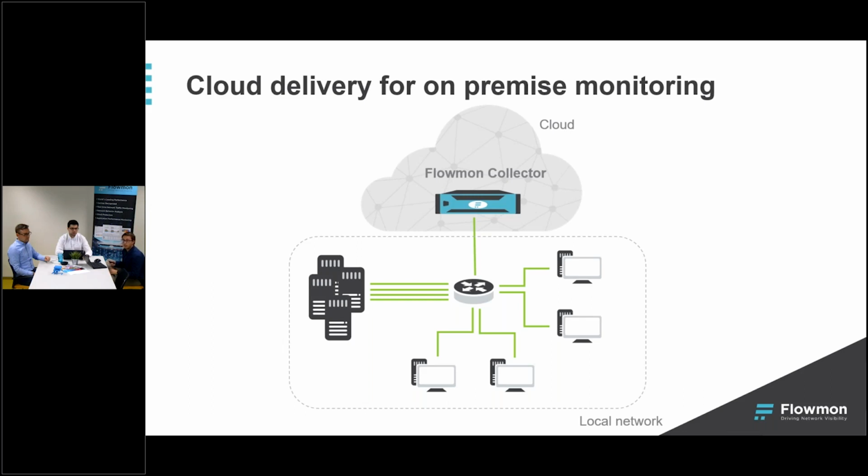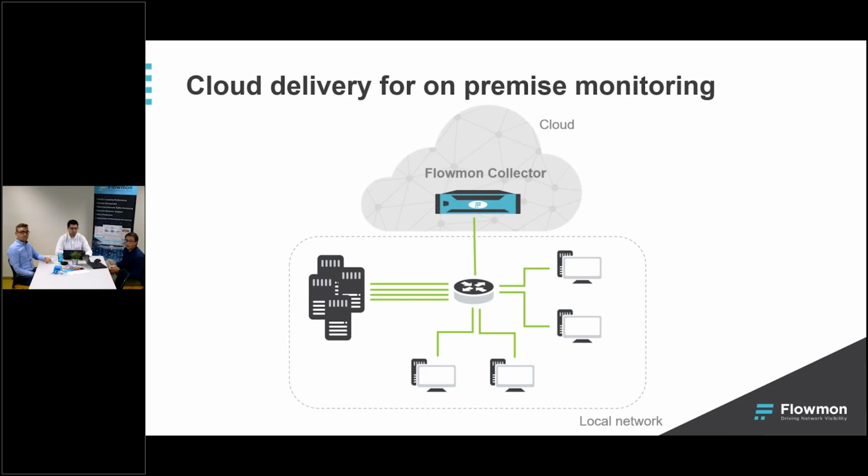It's a different type of deployment, where you replace your current virtualization infrastructure with the cloud, either AWS, Azure, or whatever. But you still have servers in your network that you want to monitor, and it's just a change in deployment from local virtualization to cloud.